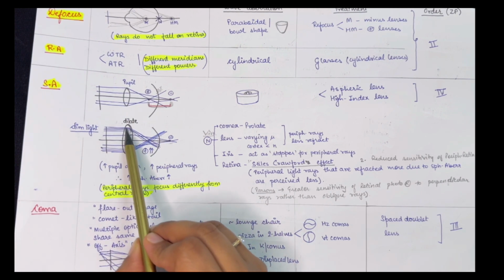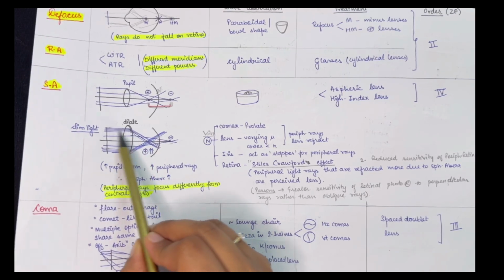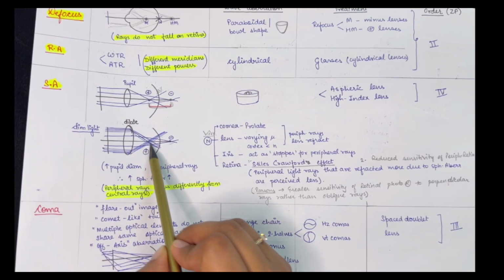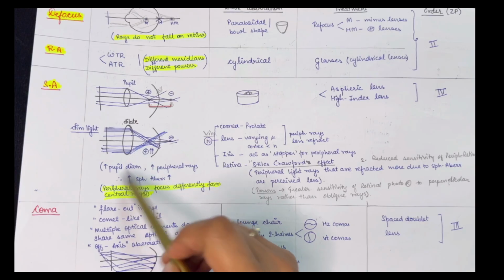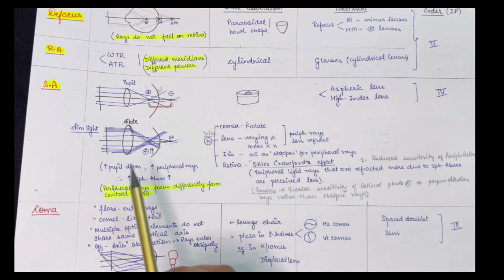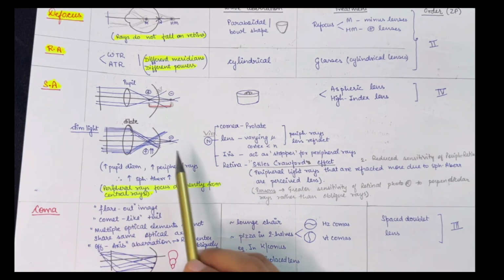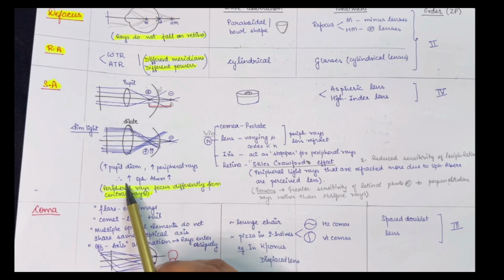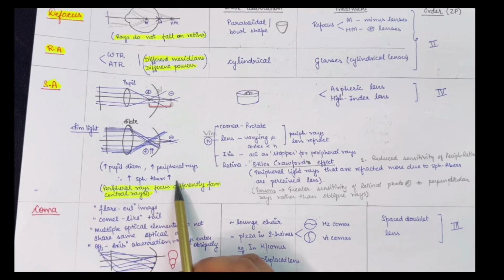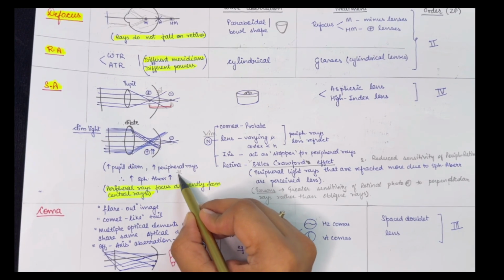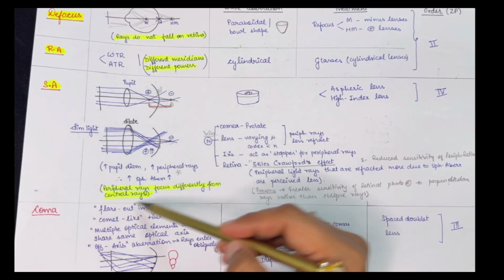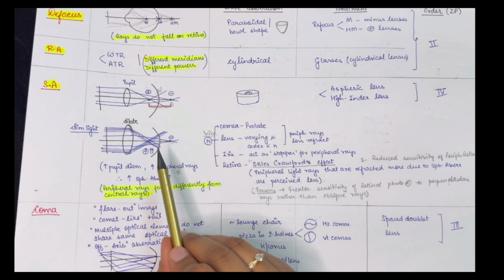But अभी क्या होगा? Because dilate हो गया है तो peripheral rays बढ़ जाएंगी. The peripheral rays will increase and this positive aberration will also increase. Okay, so more pupil diameter, more peripheral rays and thus more positive spherical aberration. So you remember this. So this is the concept of spherical aberration.